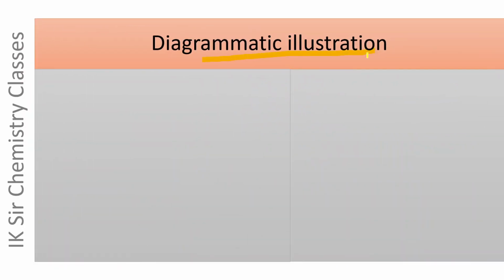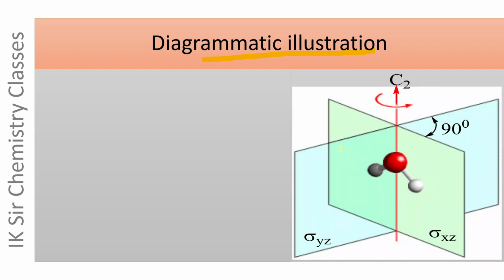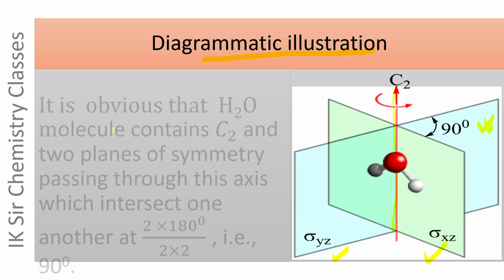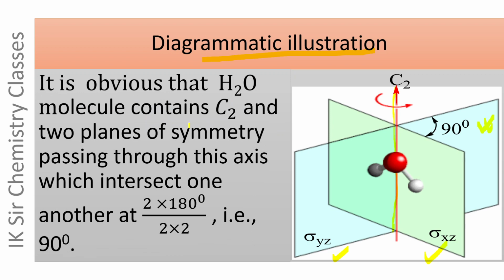Diagrammatic representation of the previous discussion. It is H2O molecule. It has a C2 axis and two planes of symmetry, sigma xz and sigma yz, which intersect each other along the C2 axis at an angle of 90 degrees. It is obvious that the H2O molecule contains C2 and two planes of symmetry passing through this axis, which intersect one another at 2π by 2n.